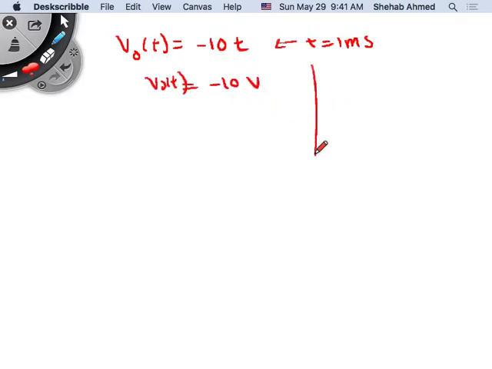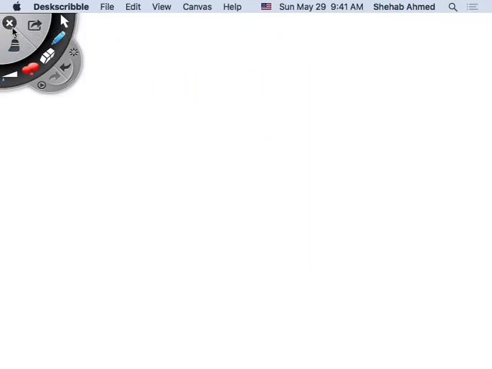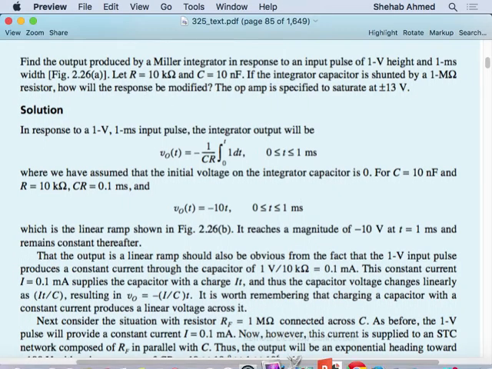Right? So at 1 millisecond, the output is negative 10. Fine with this? Okay. So now we need to go back here.